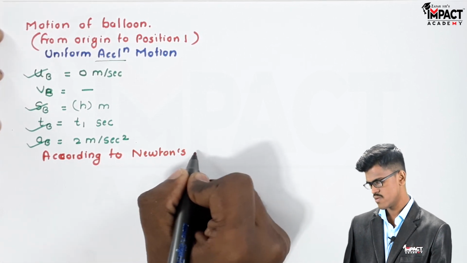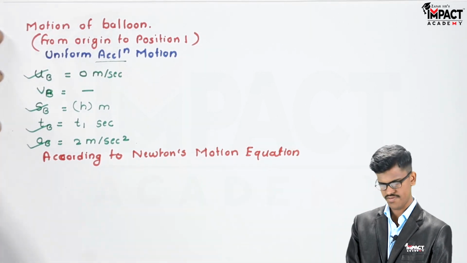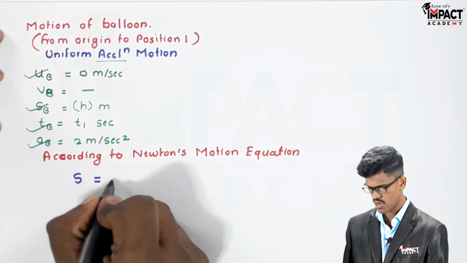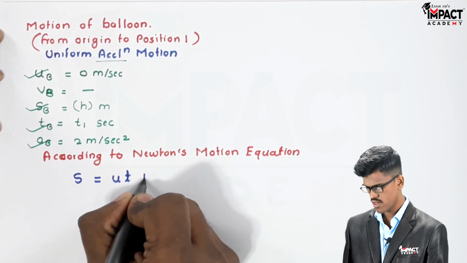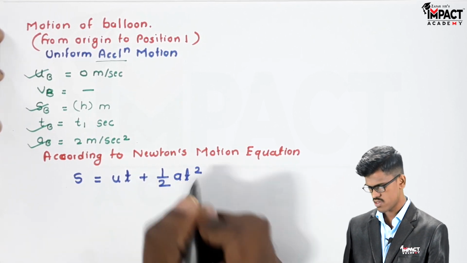So according to Newton's equation of motion, S is equal to ut plus half at square.